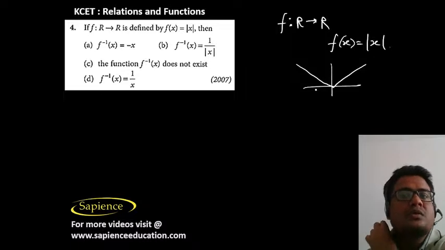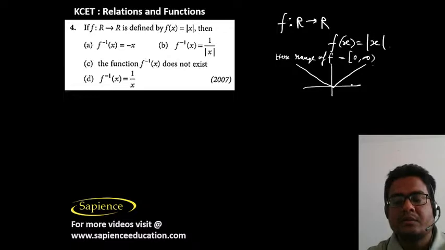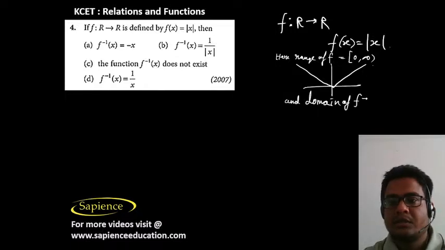So it is not 1-1. Here we can see that the range of the function f is 0 to infinity, and the domain of the function is all real numbers R.